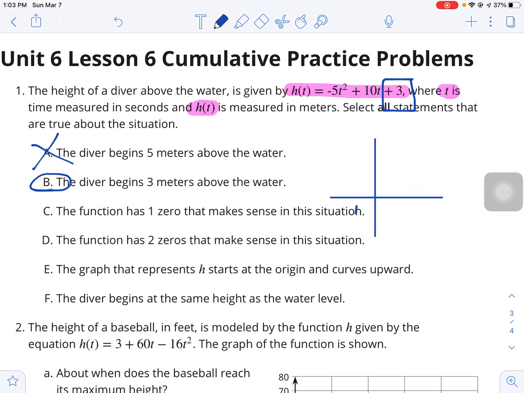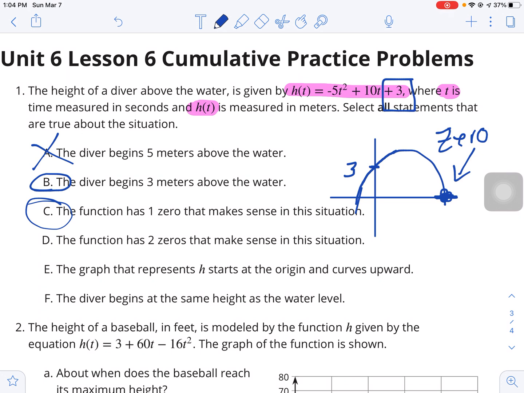So it might have a 0 over here, but we don't really care about that. We're just interested from here to the rest. And so the water height would be here, where he enters the water. So this is the only 0 that we're interested in looking at. So that would be a true statement.